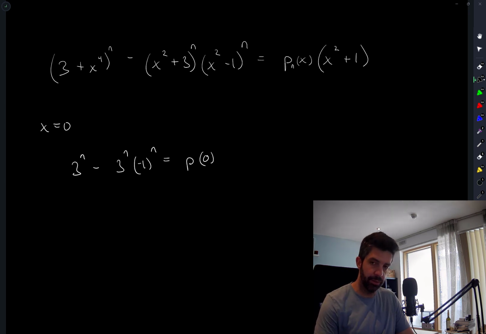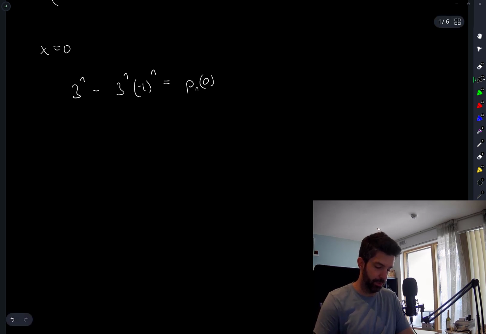The other factor could change depending on what n is. So p_n of 0 is this expression, and this is simply 0 for n even, and it's 2 times 3 to the n for n odd.